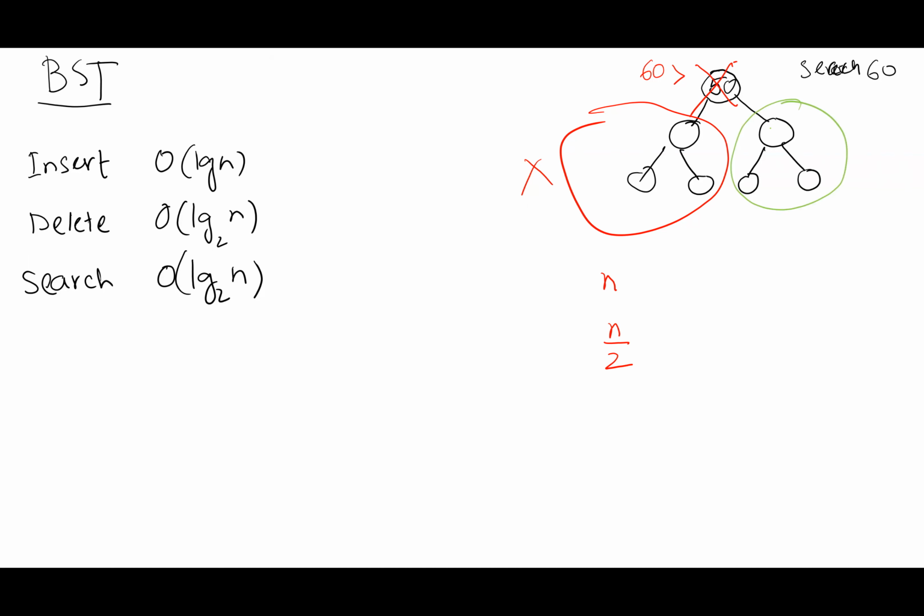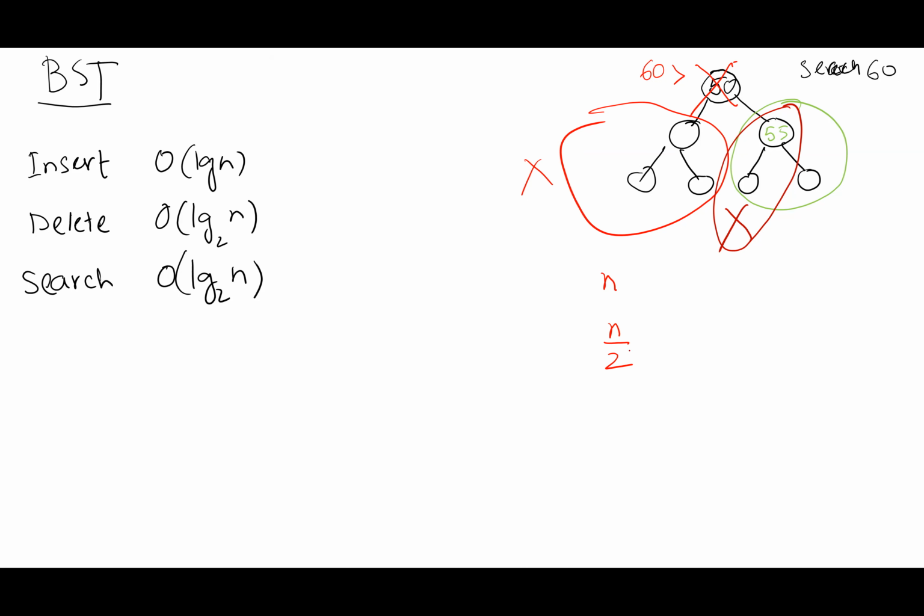Suppose this one was 55. You can see that 60 is still greater than 55, so in the next step this portion is also gone. I don't have to search it, because everything on the left is even smaller than 55.